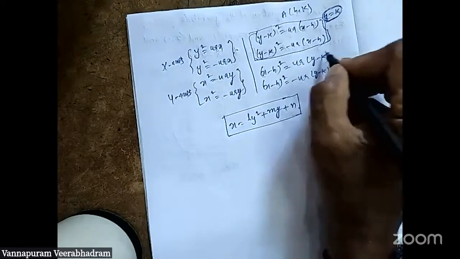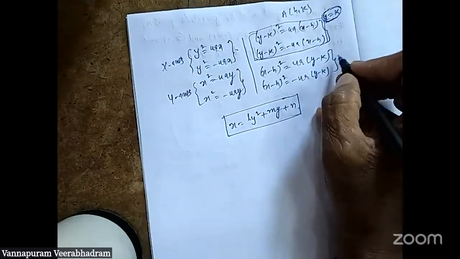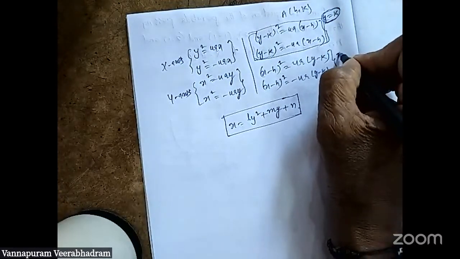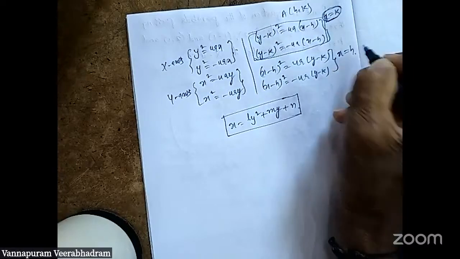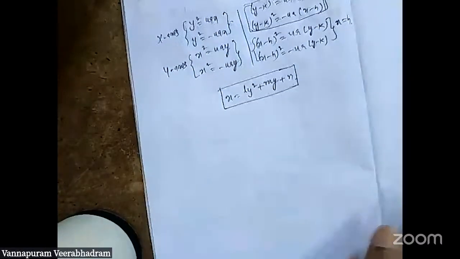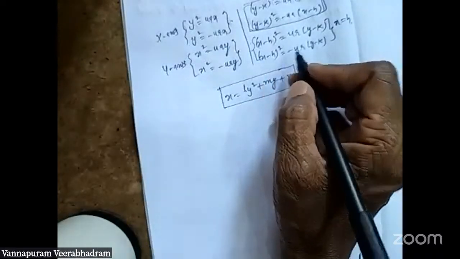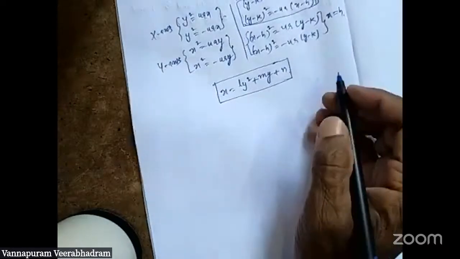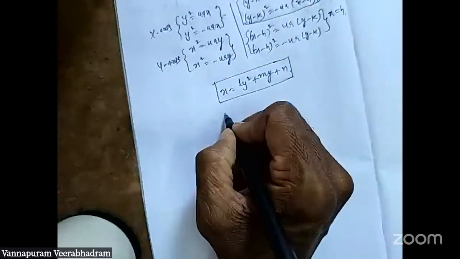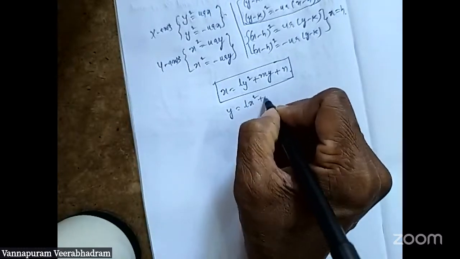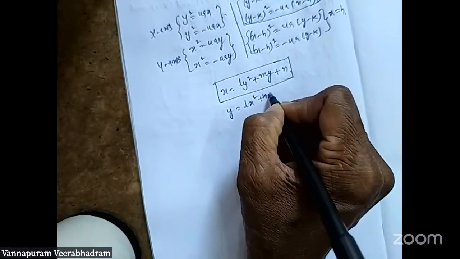Next, for these two cases, the axis of parabola is parallel to y-axis, that is x equal to h. The general form of the equation of the parabola whose axis is parallel to y-axis, we can take as y equal to lx square plus mx plus n.